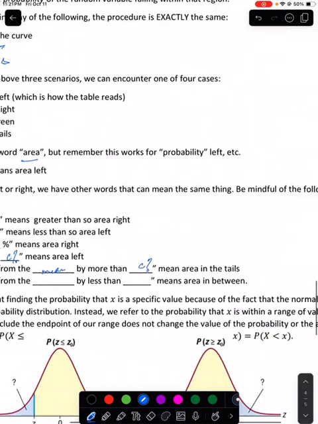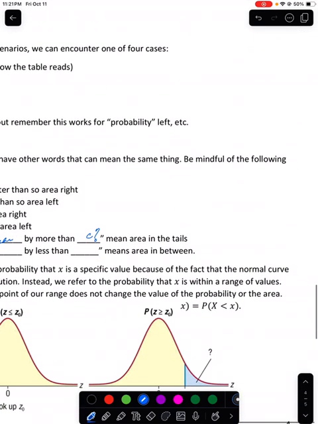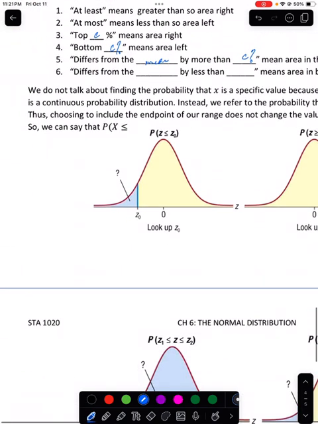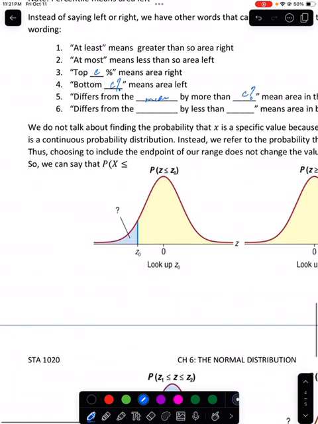And then sometimes it would say find the probability that the value differs from the mean by less than 3%, then it means area between two values.